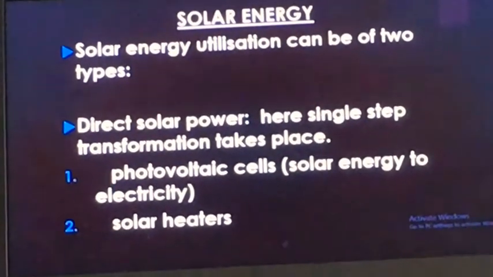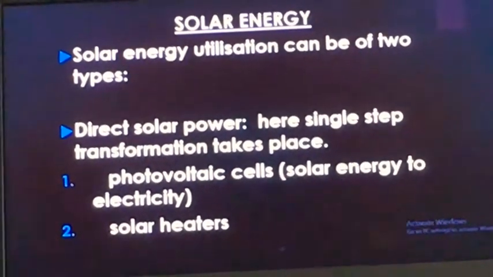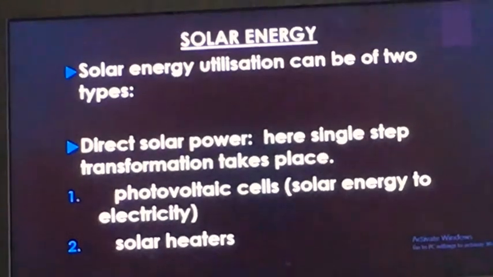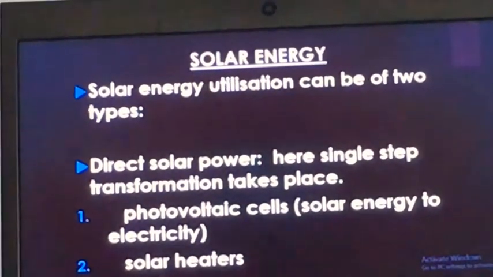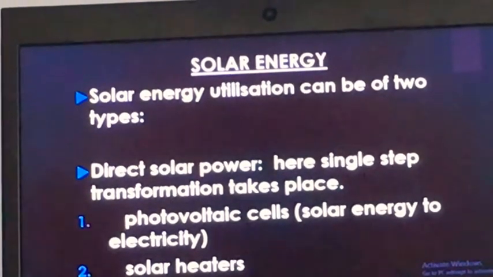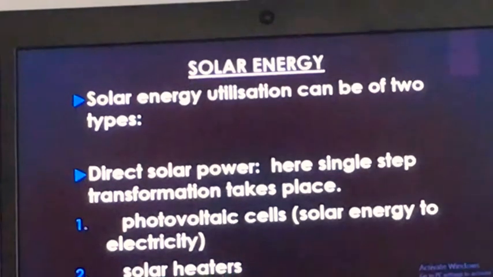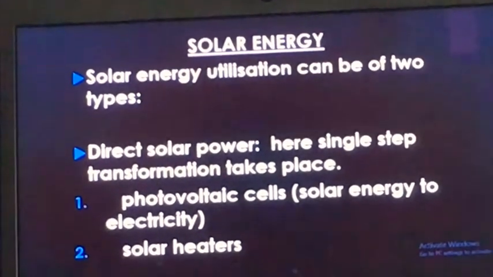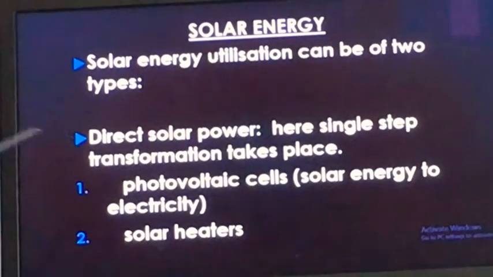Now solar energy can be utilized in two ways. The first one is direct solar power. Here a single step transformation is taking place. That is, solar energy will be converted either into electricity or into heat energy or into another form of energy, but only in one step. An example is the photovoltaic cell.